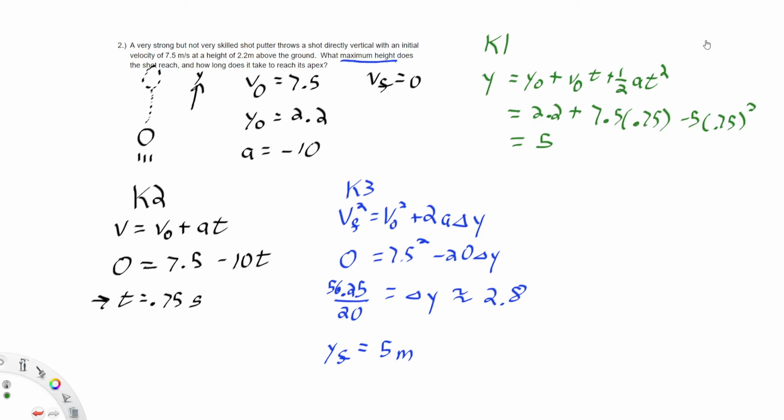All right. Why is it 5? Because you gained 2.8 meters of height during the flight, but you started at 2.2. So you went from 2.2, added another 2.8 meters of height for a total of 5.